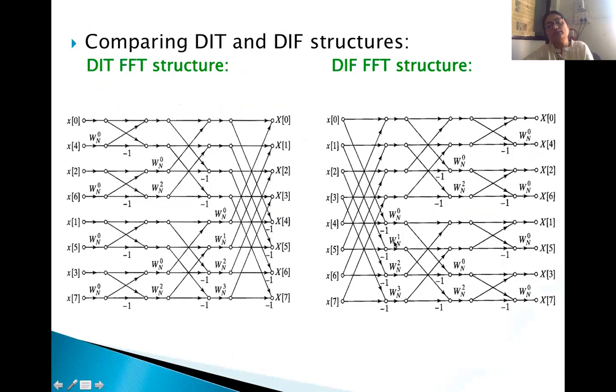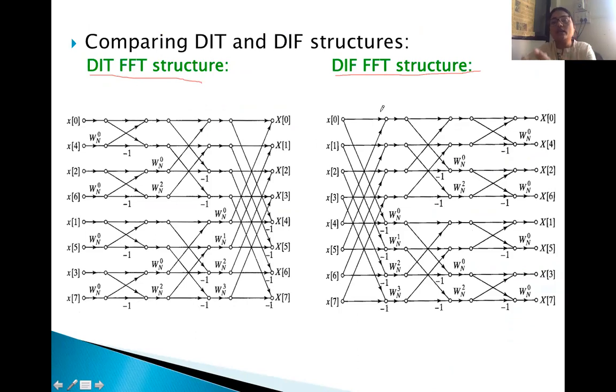So now these are the two structures. The first structure is called a DIT structure, and the second structure is called a DIF structure. If you see both the structures, this is the DIT structure and this is the DIF structure.